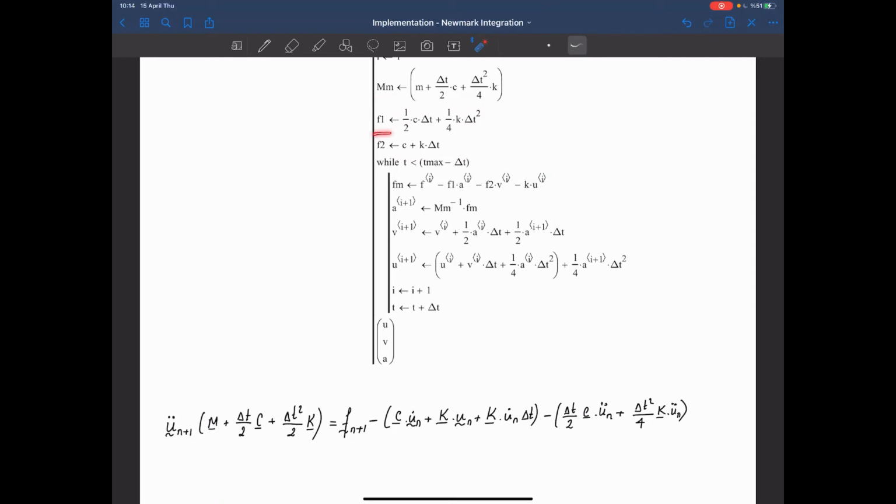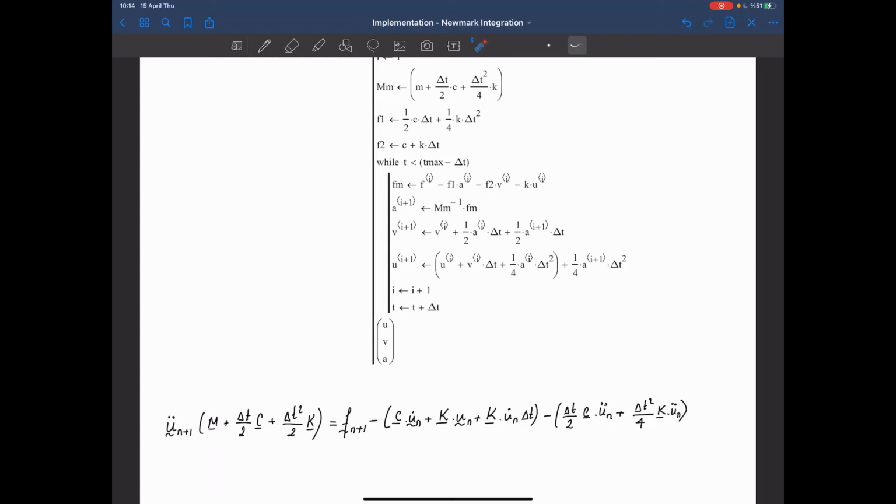So we have F1 multiplied by the accelerations. This is F1. We have F2 multiplied by the velocities. So these are the coefficients of F2. It's written here. And the displacements are multiplied with the K matrix.